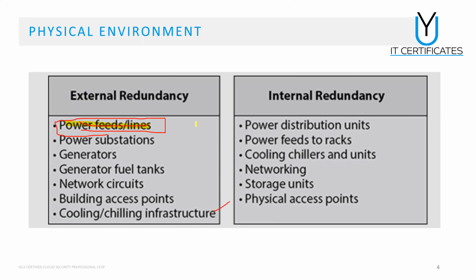The alternative is that they may have a power generator. If you face any problem with the power lines, the generator will take over, and this can be a good replacement for the power. Also, as we covered, the power substations, generators, and generator fuel tanks.